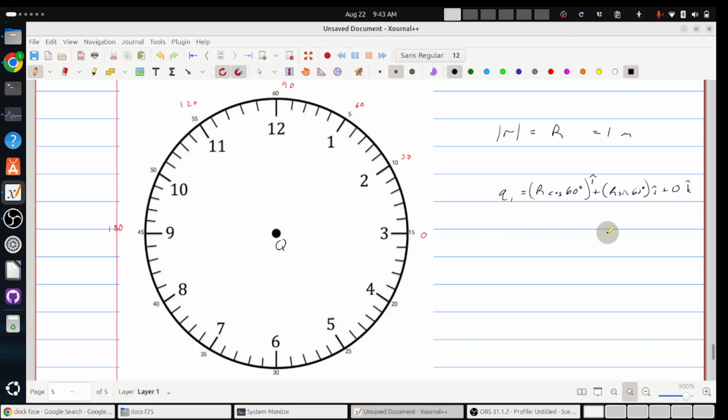I can use trig to put these in vector notation. Now that's not Q1, that's the R1 prime, okay? And my, not cursive R, that's going to be my R prime. My R is my field point, that's at the center.